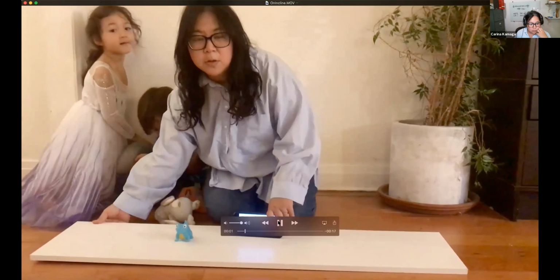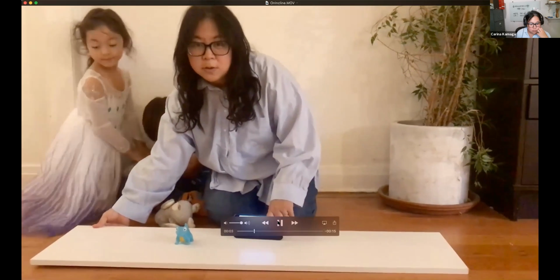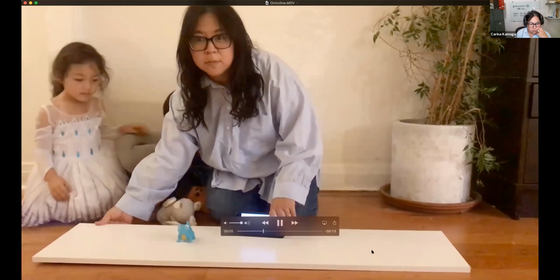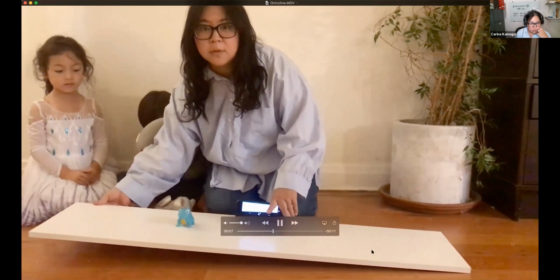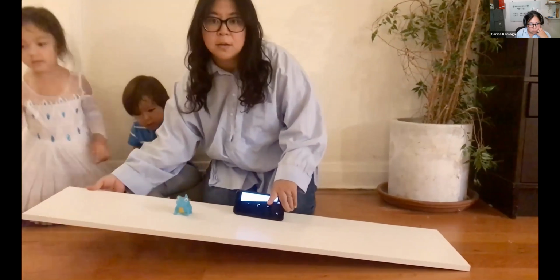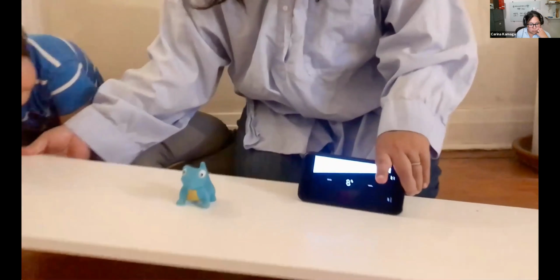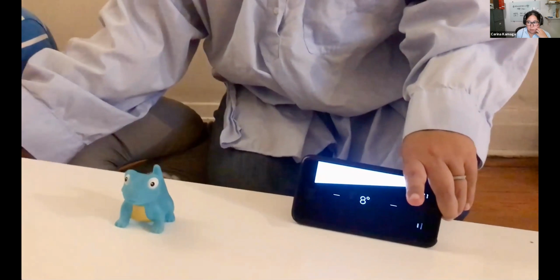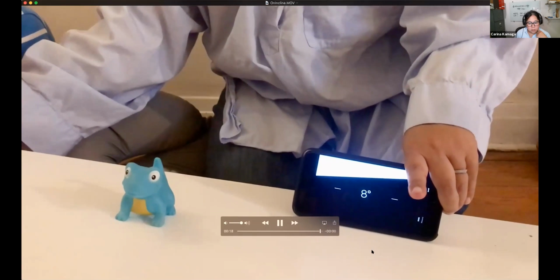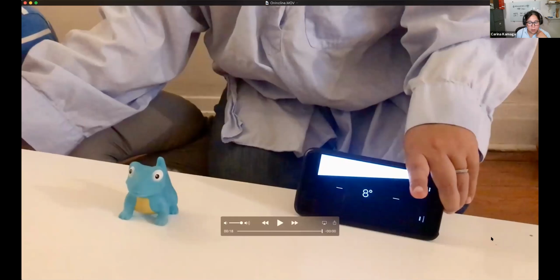Okay, so I'm going to tilt this angle. So it's tilted. Now you see this toy dinosaur is not in motion, but it's on a tilted angle that's 8 degrees. What are the forces applied onto this toy dinosaur?